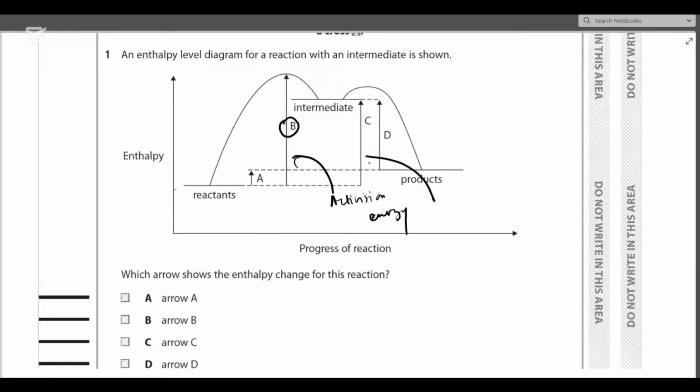In this case, C represents the difference in energy between reactants and intermediates.